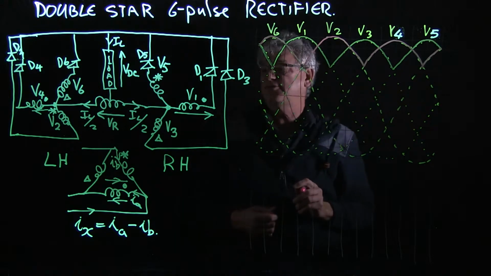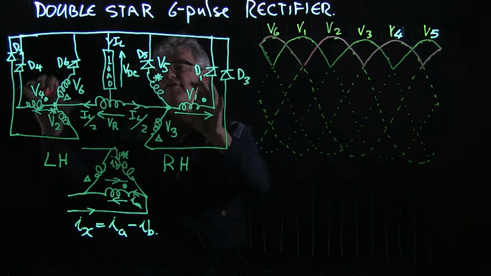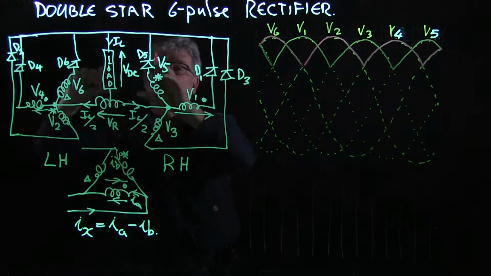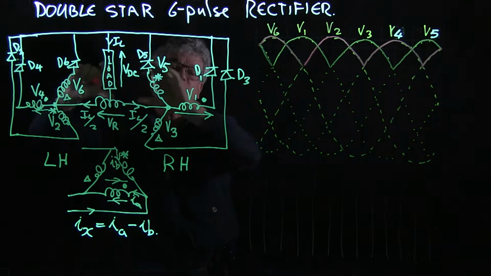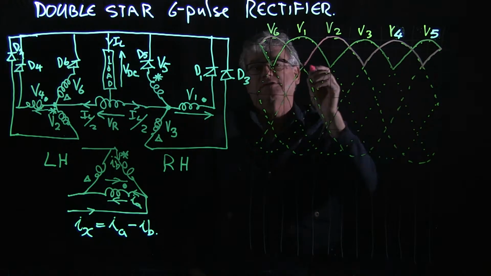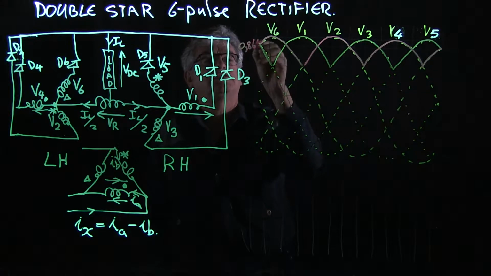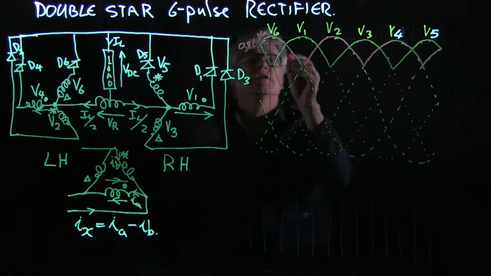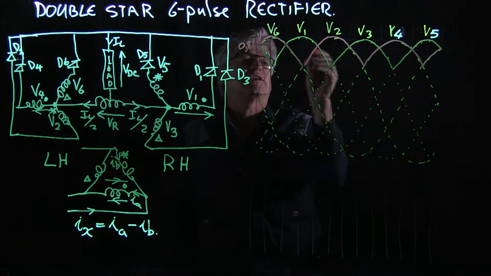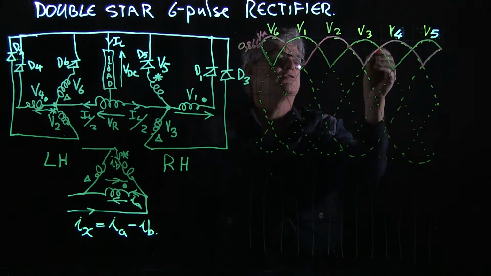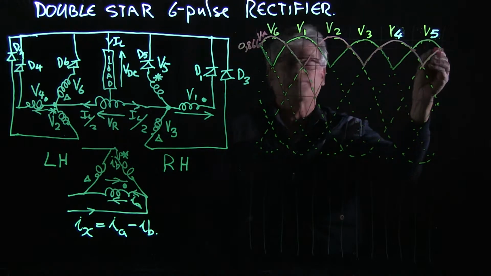Now, since these two rectifiers are in parallel feeding the same load, the load will see the average of the two. So where they cross at 0.866 Vmax, they are exactly the same, and therefore the average value will also be exactly the same.